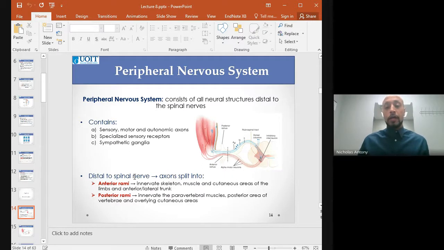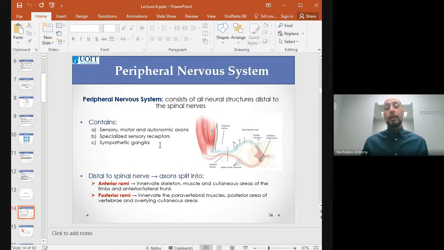No, so the plexi are going to be like your brachial plexus, your cervical plexus, your lumbar plexus. The plexi are the adding up of the anterior rami of different nerve roots to recombine into the peripheral nerves.